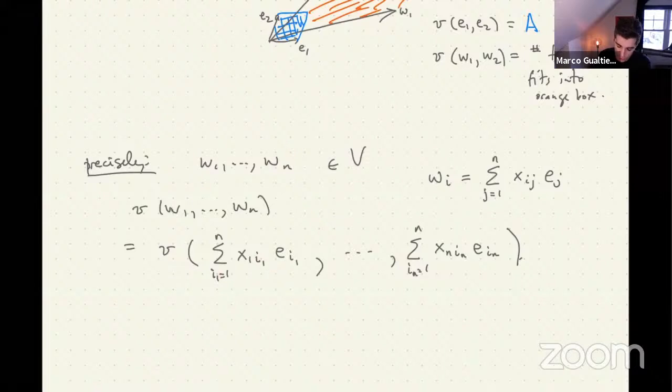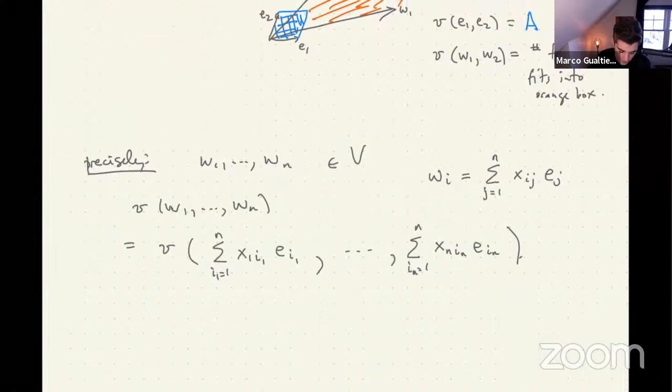I could, but it just would be maybe more confusing. So anyway, I have a summation for each one of these vectors W because it's an expansion in terms of the basis. And then we can use multilinearity to write this as a sum, to take the sums out.